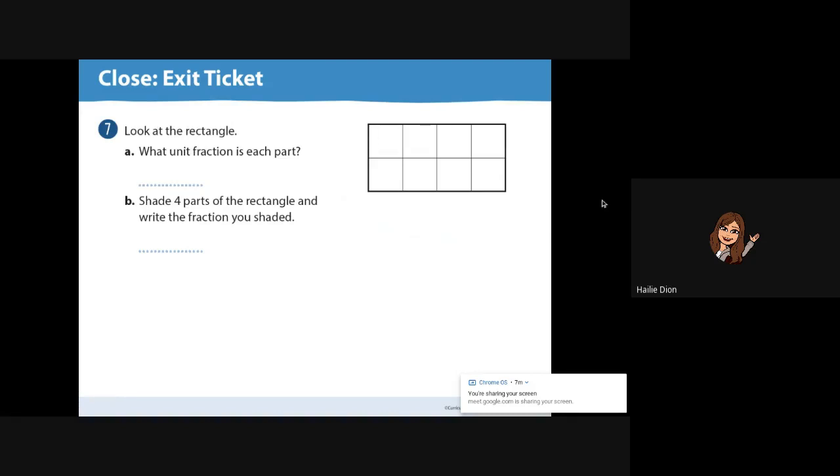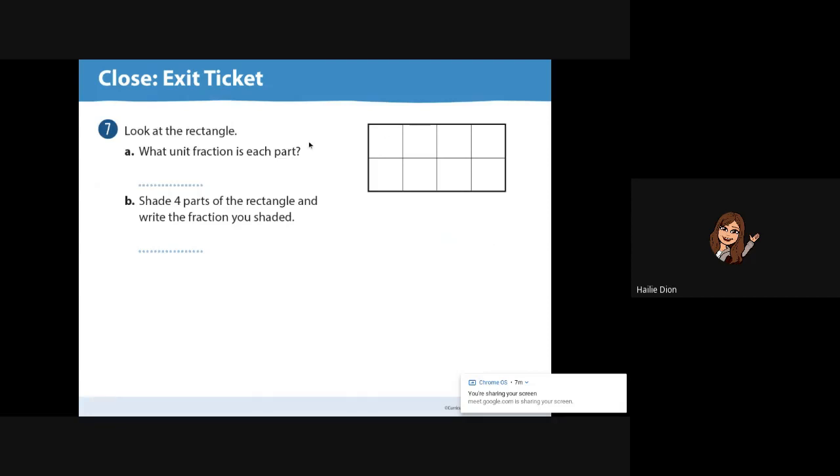So if we look at this rectangle, we have 1, 2, 3, 4, 5, 6, 7, 8 total pieces. There's 8 equal squares in this rectangle. But the question is asking for a unit fraction, and we know that a unit fraction means we have a 1 in the numerator showing how much is worth 1 cube or 1 box, whatever we're working with. So in this case, we have boxes or squares, and we know that there is 8 total.